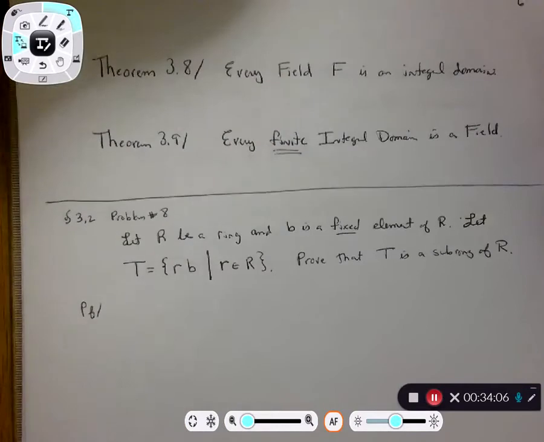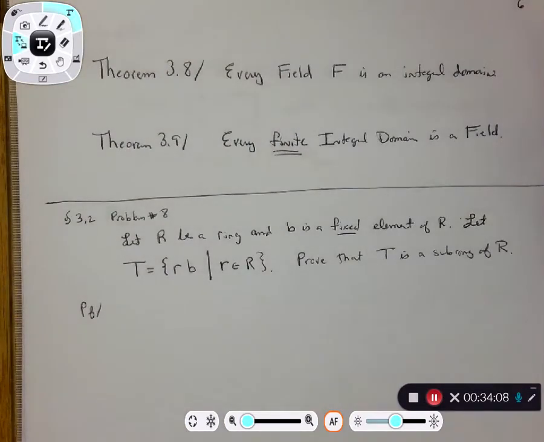Well, now, the next couple of theorems out of your textbook are honestly ones you look at and you go, well, that's pretty stupid. Yeah, but there's reasons for the way they state what they do. Look at this one right here. Theorem 3.8 says this: every field F, so now we're talking about fields, remember what a field is, every field F is an integral domain.